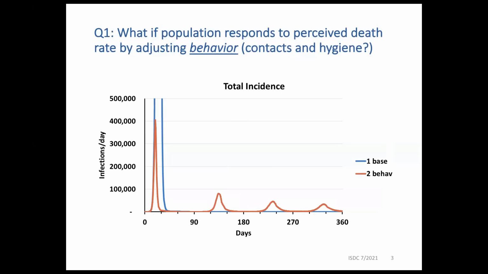Instead of a single large wave of infections, this blue curve, which is too high to show on the screen, we get an initial peak that's suppressed as behavioral responses take over. Within a couple of months, however, the behavioral responses wane as death rate drops and stays low. This allows a new wave of infections to commence, and the cycle starts over, producing repeated waves of infections.